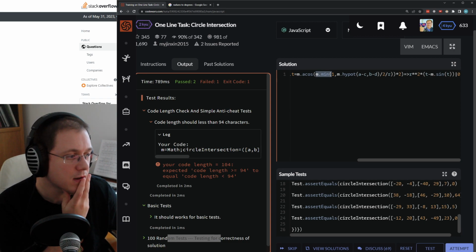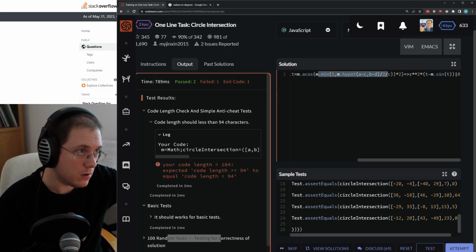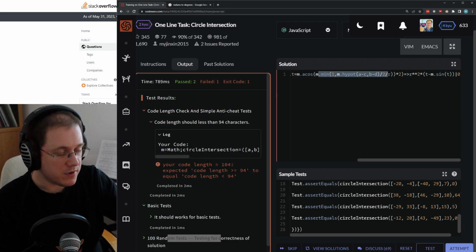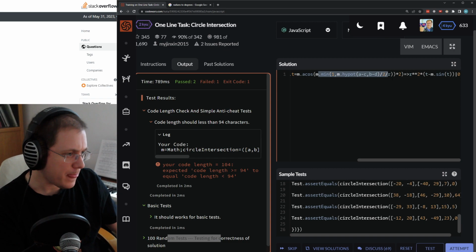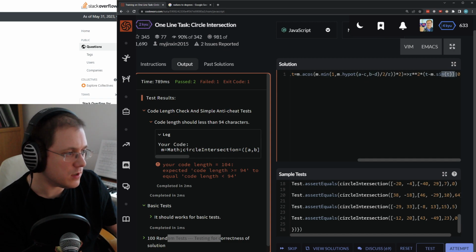may be redundant now. Because say this evaluates to a number that, because of the hypotenuse being long, is greater than 1, then this will error with not a number, which is correct. All of this will resolve to not a number.